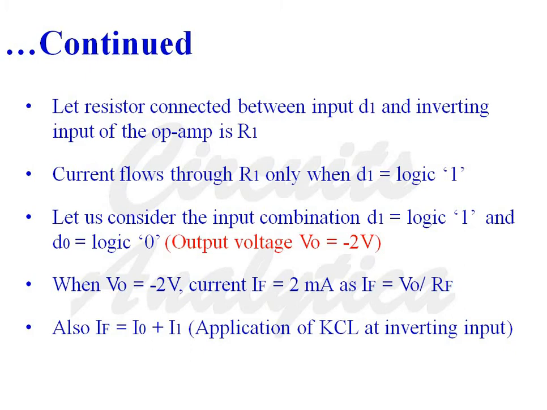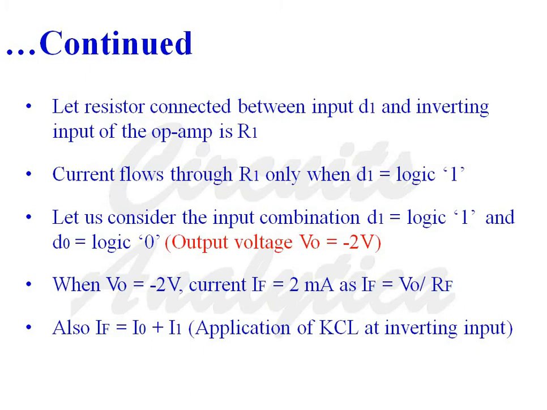When V0 is equal to minus 2 volt, current flow through feedback resistance RF is equal to 2 milliampere, as IF is equal to V0 divided by RF. So V0 is equal to minus 2 volt and RF is equal to 1 kilo ohm.